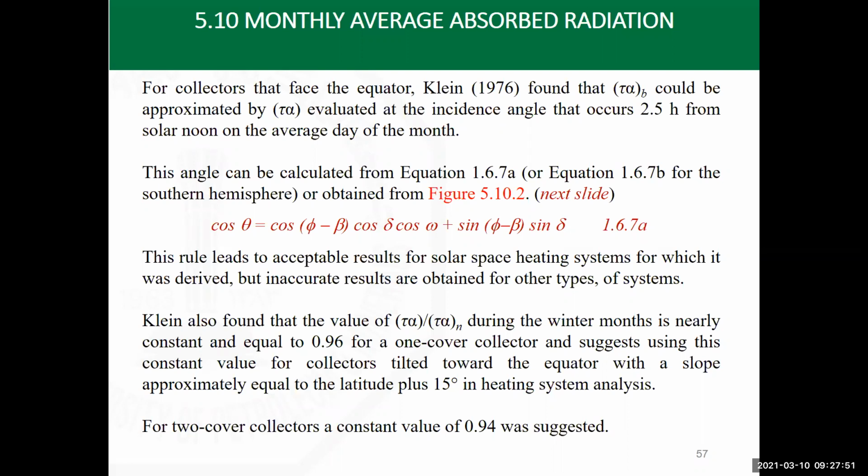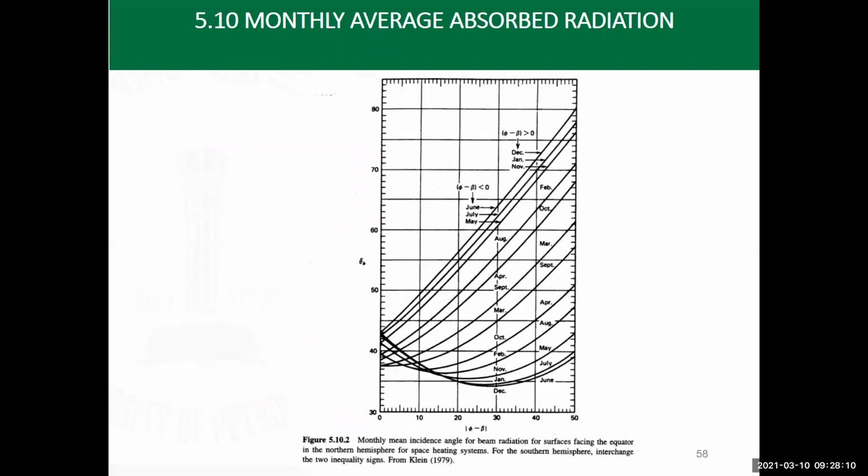So what we see here in this slide is basically some trials of getting approximations that are going to make the calculations of a similar example to the one that we have seen a bit shorter and easier to carry out. This is a figure that gives the simplifications that he has mentioned. Instead of the different figures that we had earlier, he's proposing another figure where on the x-axis we have phi minus beta.